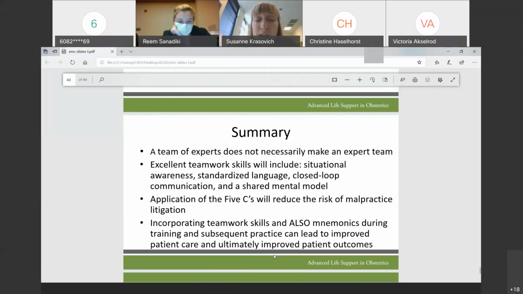We can also apply the 5 C's to reduce the risk of malpractice litigation. And we can incorporate teamwork skills and also mnemonics during training and during practice to lead to improved patient care and improved patient outcomes, as well as building that shared mental model of our excellent team.